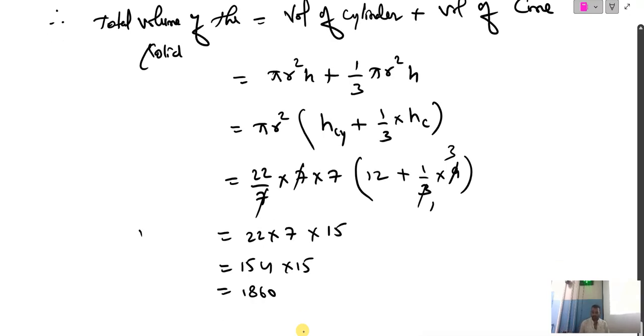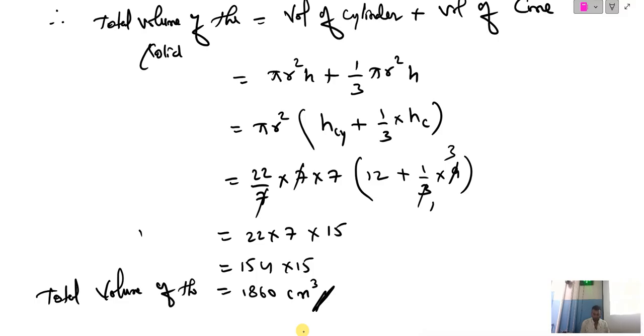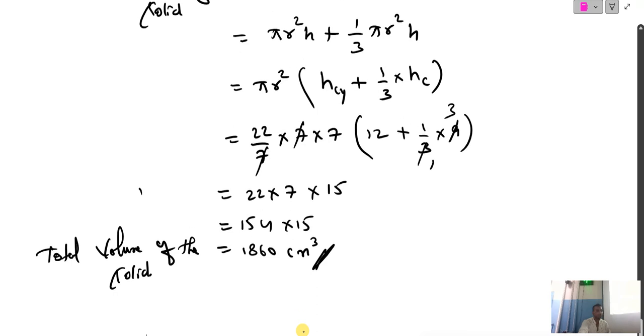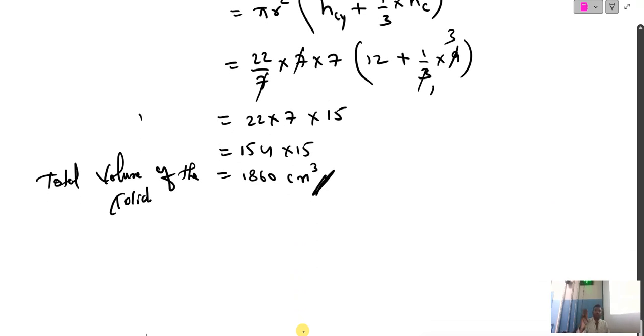1860 centimeter cube. So this is the total volume of the solid. Clear? Total volume of the solid. Now actually here what we have to calculate? Here we have to calculate the amount of water to be filled.